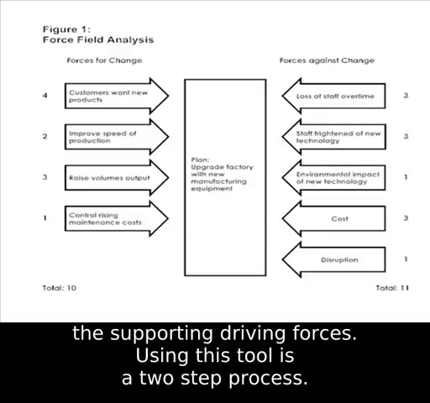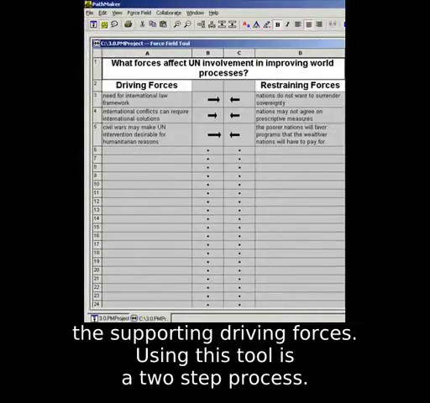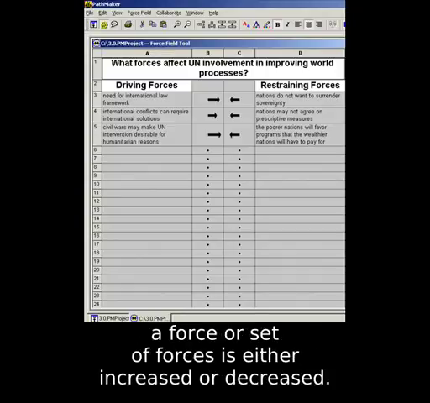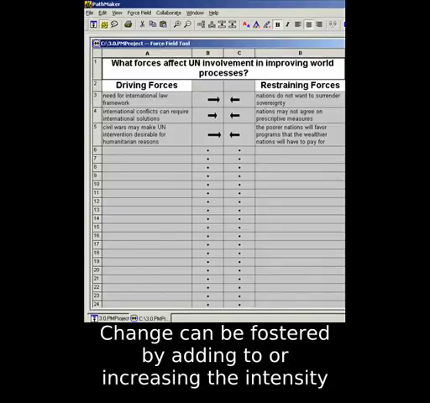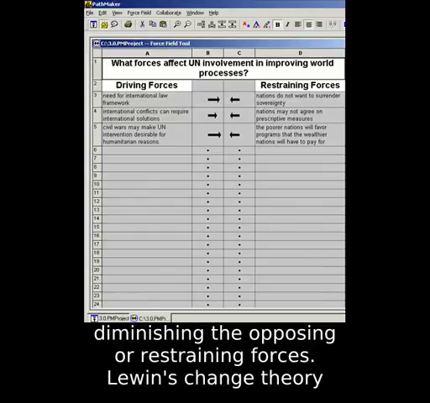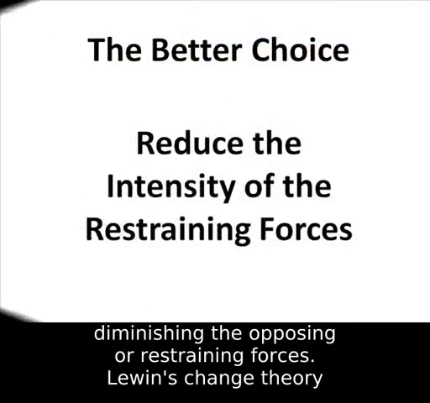Using this tool is a two-step process. First, a force field analysis is conducted, and then the intensity of a force or set of forces is either increased or decreased. Change can be fostered by adding to or increasing the intensity of the driving forces, or change can be fostered by diminishing the opposing or restraining forces.